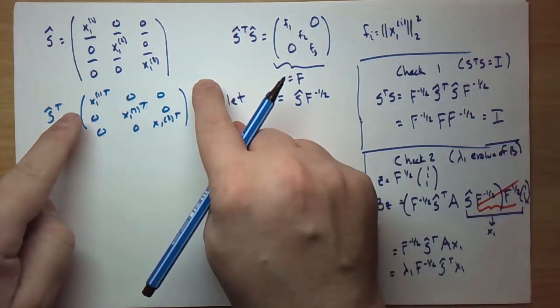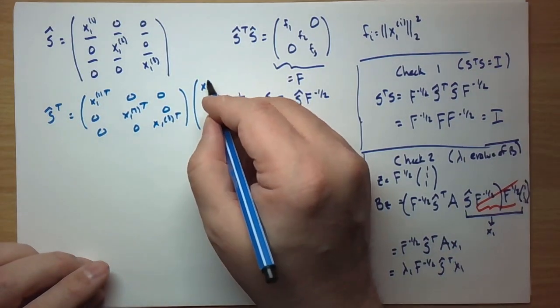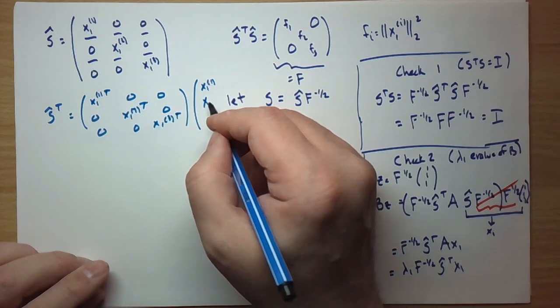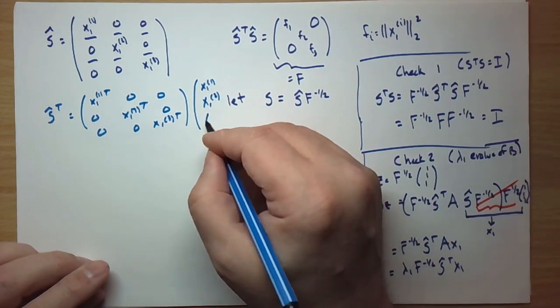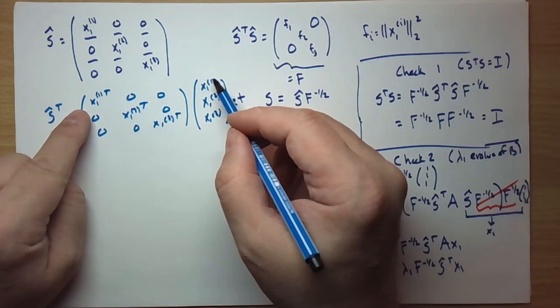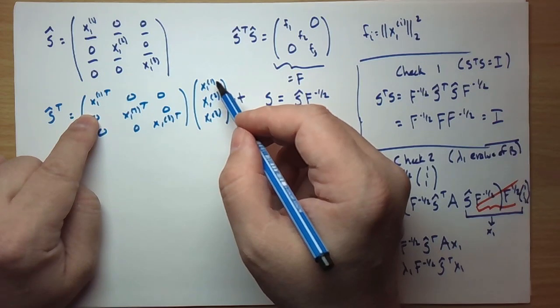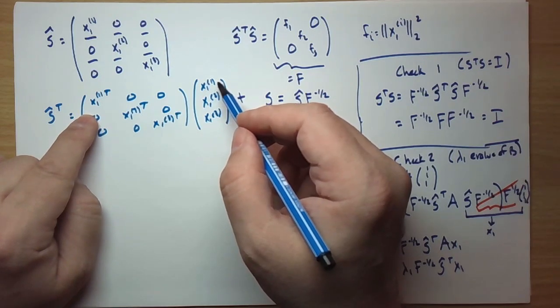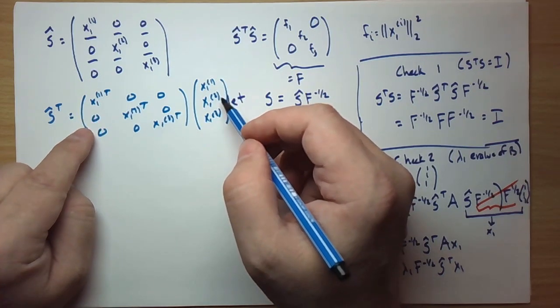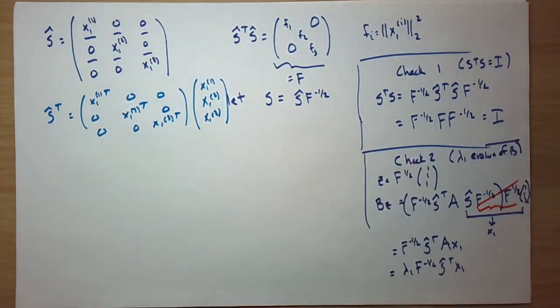So when you multiply it by x1, what do you get? You get the first part of x1, norm squared. The second part of x1, norm squared. The third part of x1, norm squared.